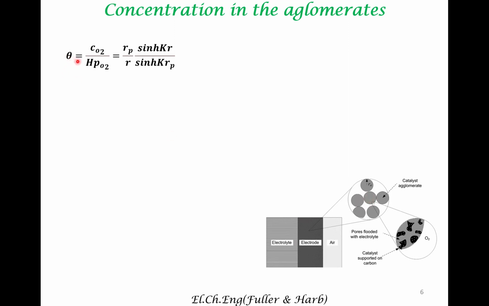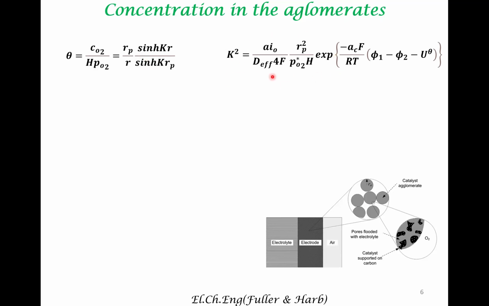So the concentration is a function of R. Across this catalyst, we can fix the concentration at the surface of the particle, but as you go inside the catalyst, the concentration of oxygen decreases. So theta is a function of R, and the expression for this concentration is provided here.